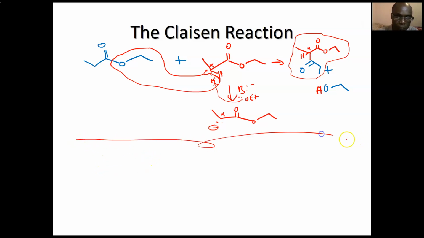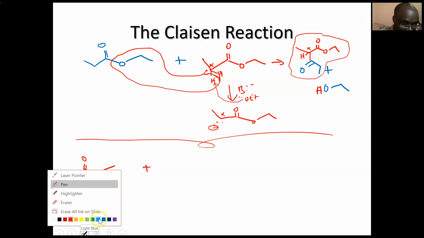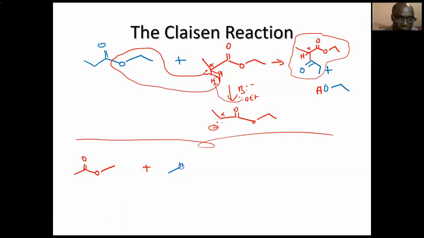Okay, one more, employing our shortcut. So now what if we are given this molecule reacting with itself? I'll show you the shortcut again. Reacting with itself in a Claisen condensation. So I know I have 3 alpha hydrogens. So I have to pull out one to make the carbanion. So let's assume that has to go, and when you attack this carbonyl, this will fall off.